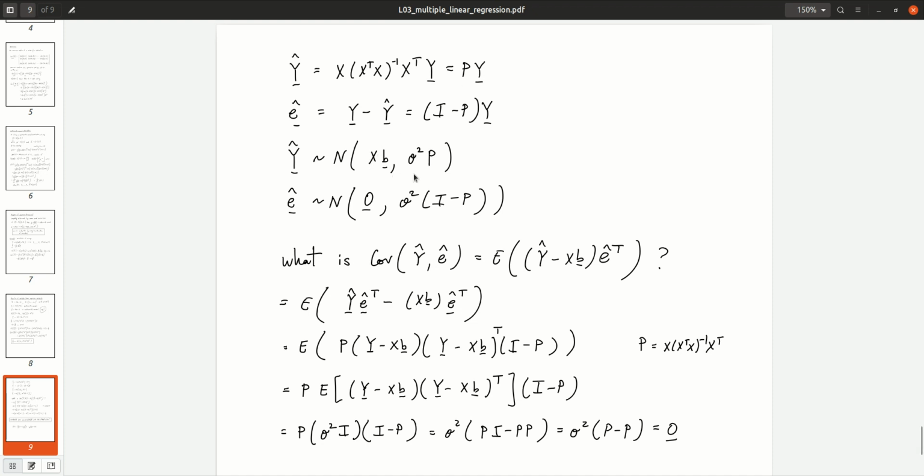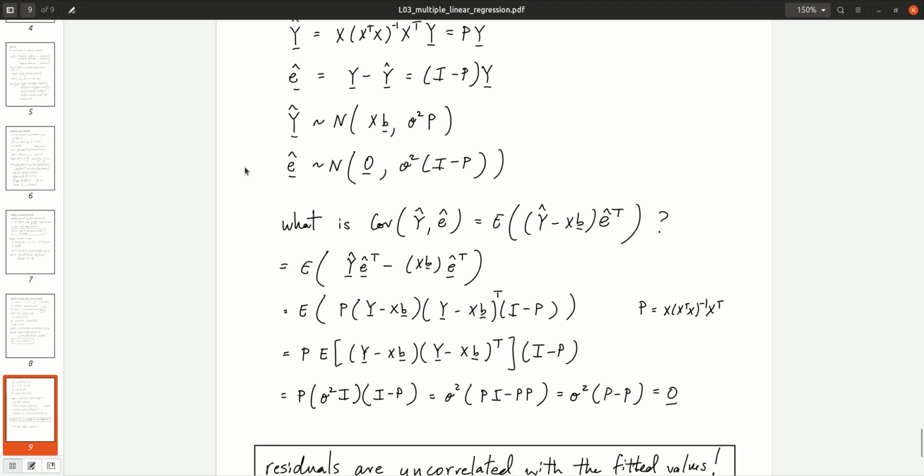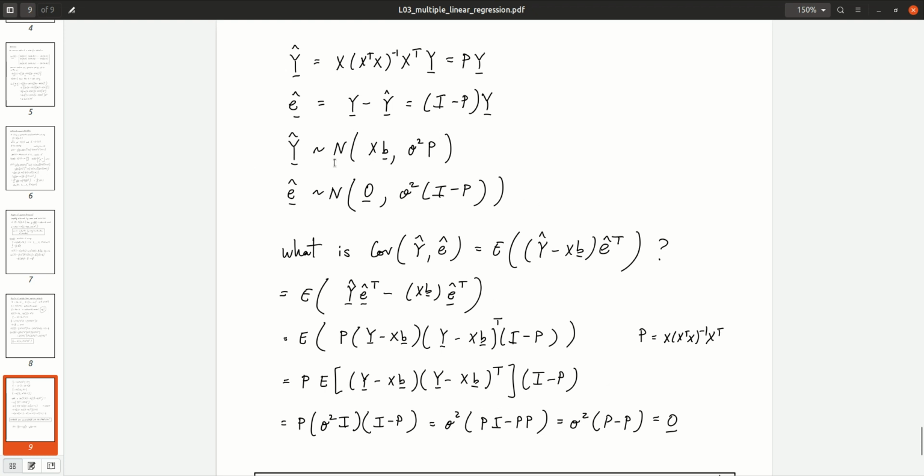And the covariance matrix is going to be sigma squared times P. Again, you get that by doing P times the covariance matrix of Y times P transpose. Same thing here. If you do these operations, you're going to get that the distribution of the residual vector has mean 0 and this covariance matrix.